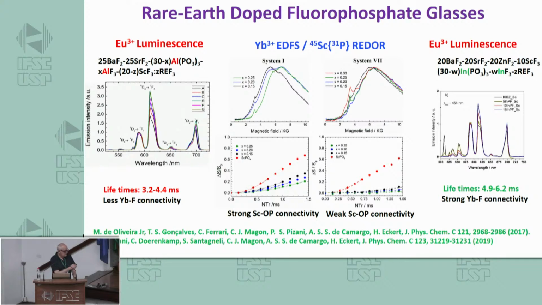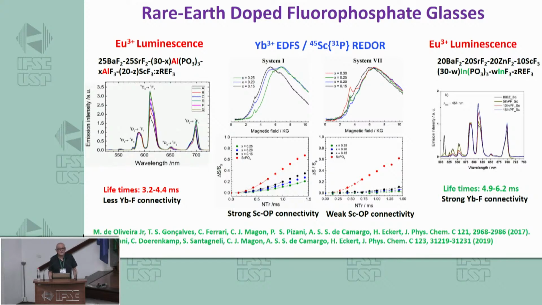And in the suitable system, the EPR spectrum will always look the same because the coordination is dominated by fluoride. So what you see here is the optimized composition. We have changed the fluoride to phosphate ratio of the glass systematically, but the EPR spectrum always looks more or less the same, showing that there's a constant environment.